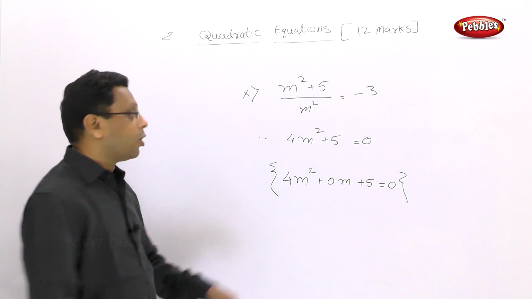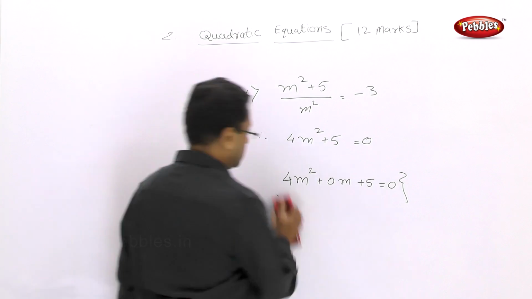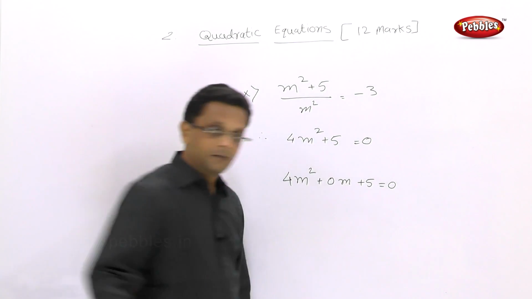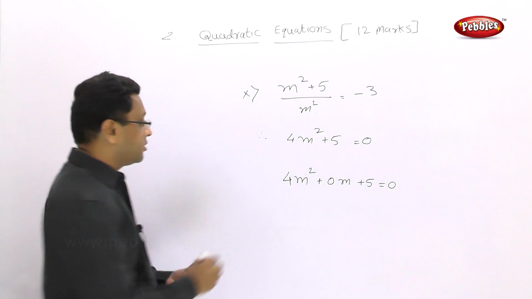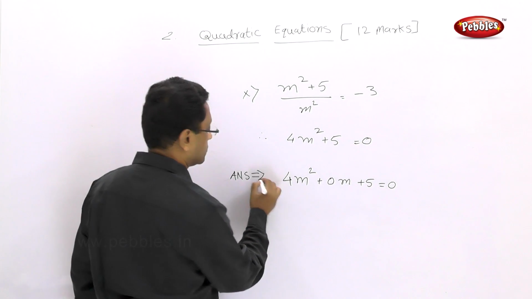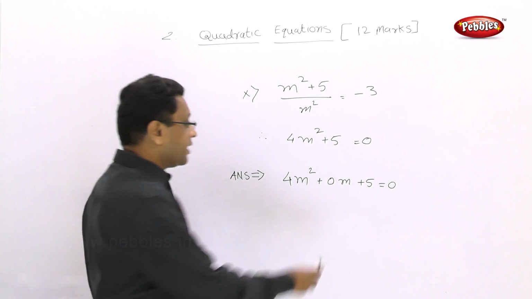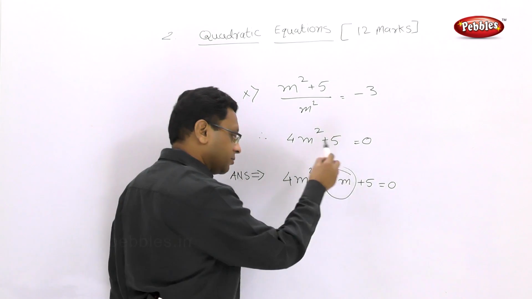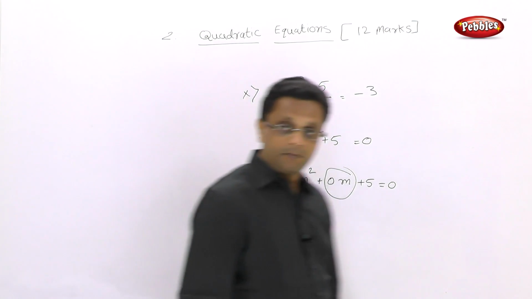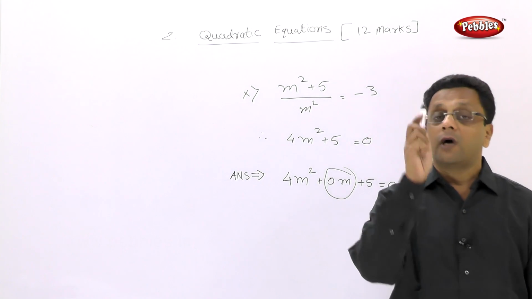This is your answer. Or if you don't want to write the curly braces, just write it like this. If you forget to write this term 0m, what will happen? You will lose your half mark.